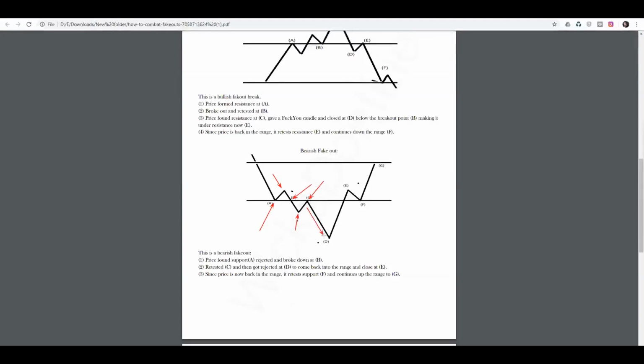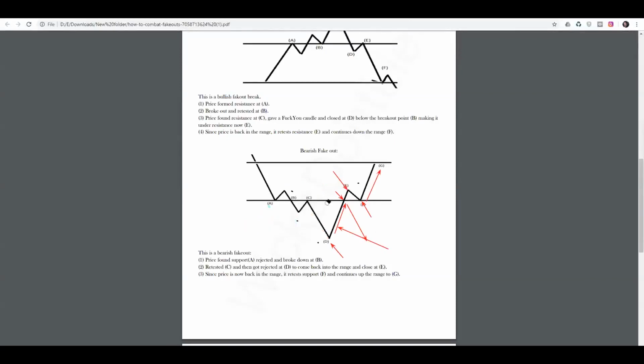So price continued moving down, created a low, it came up, it had to retest this area to continue moving down, but instead it broke back above, created a high, and then retested the same support that was retested at A and B, but it broke it, and it was retested as resistance at C. So now this move down became a fake out, and then price started to continue moving up.